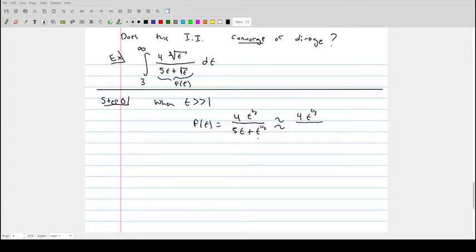Take a very large value of t, like t equals 1 million, and 5t is going to be much larger than the square root of t. So this function, when t is very large, is approximately equal to 4t to the 1/3 over 5t to the 1, which is 4 over 5 times t to the 2/3.